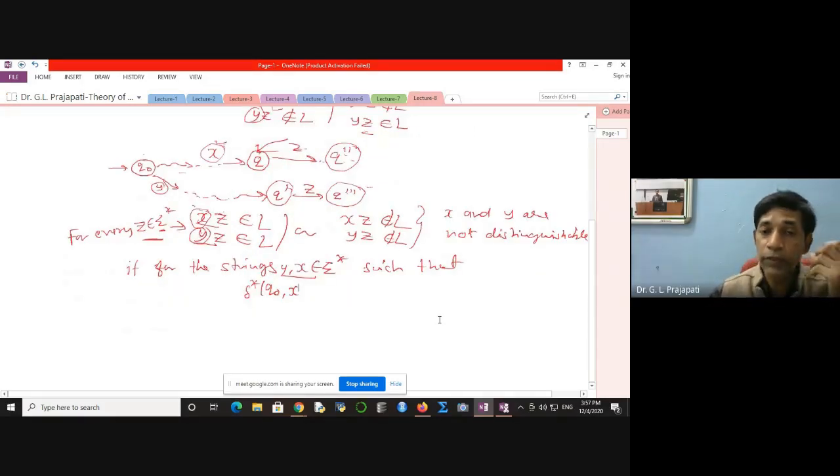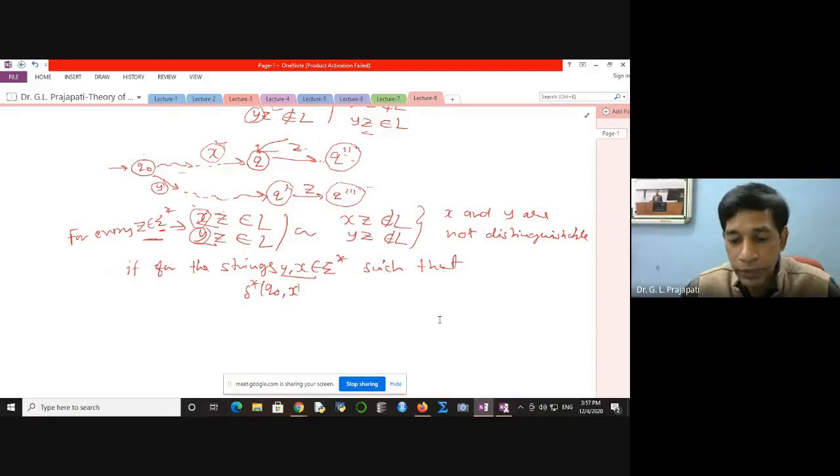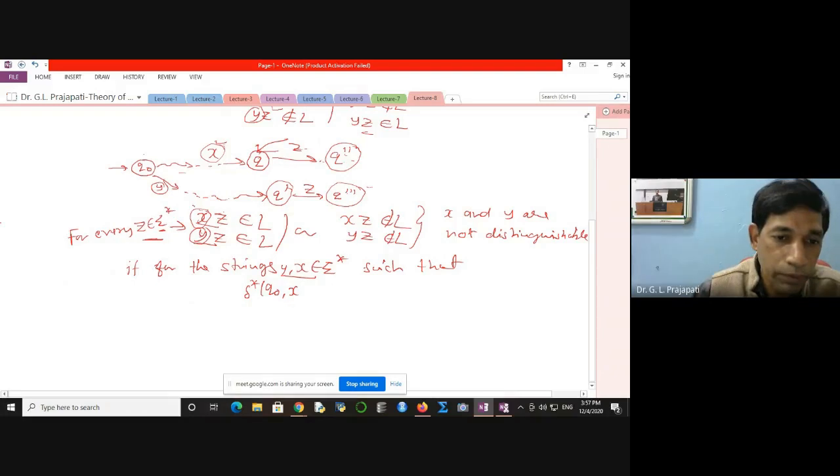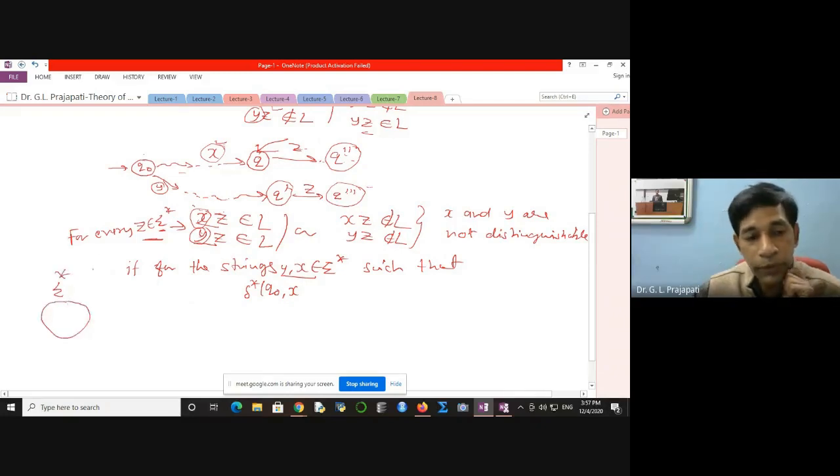Actually, what we are trying to identify, if you have the two situations, is this: we have the strings in the sigma star. This is the bigger set. You have all possible strings in this set, maybe infinite strings, so your FA can receive all such possible strings.